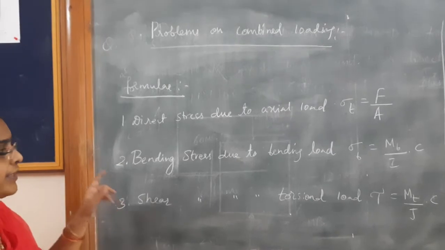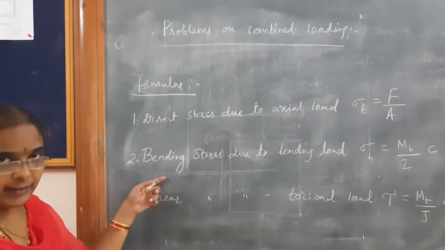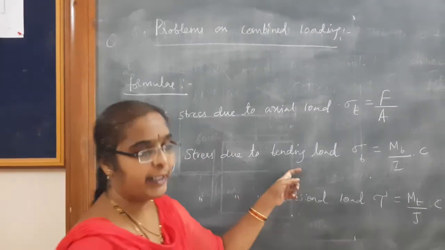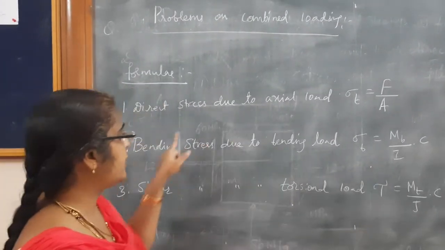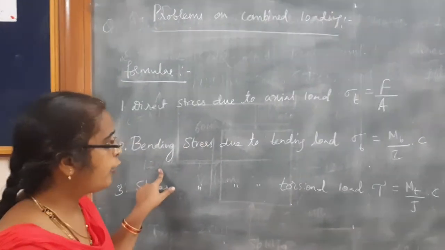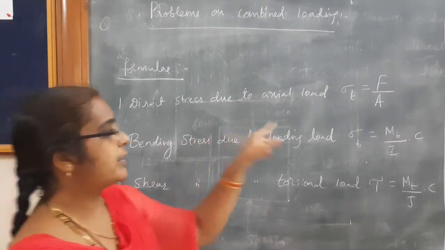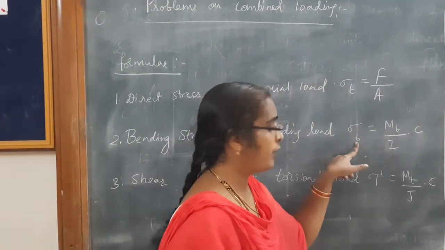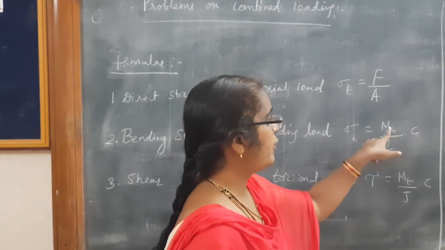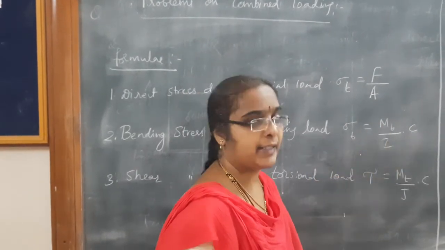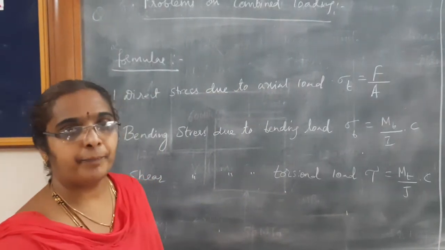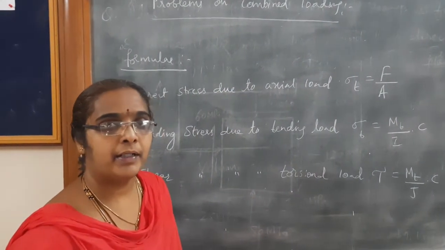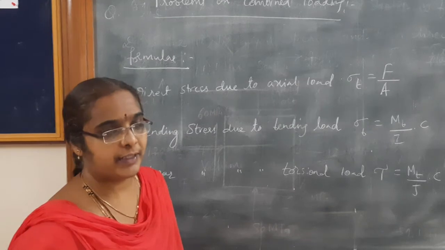Now, if the load acting is a bending load, then the stress induced is known as bending stress. To calculate this stress, we use the bending equation. Sigma B is equal to Mb by I into C. Mb is the bending moment, which is nothing but load into distance.